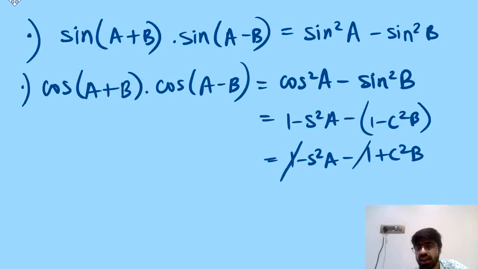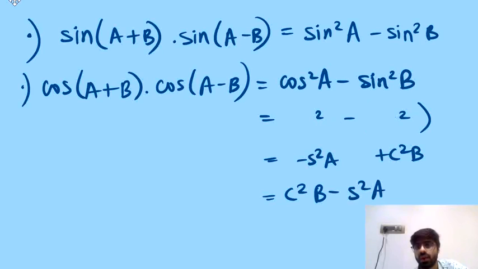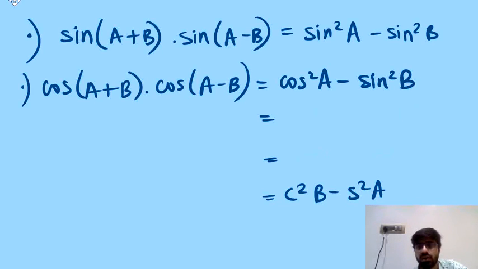So 1 minus 1 get cancelled. We are left with, I can say, cos square b minus sine square a. So this very expression, which was cos a plus b into cos a minus b, you can write as cos square a minus sine square b, but you can also write it as cos square b minus sine square a.